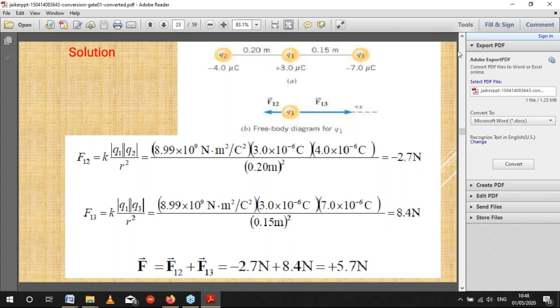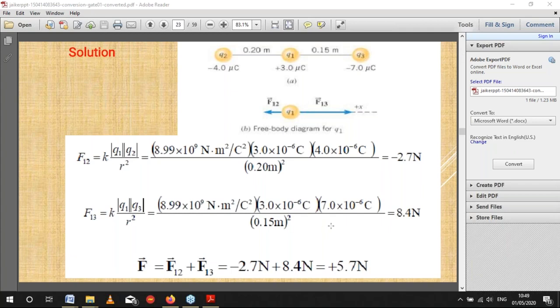We impute everything here, and on the next slide, slide 25, we get F subscript 12 as minus 9.59 newtons, then F13 as minus 17.98 newtons. Because we're looking for F, F is equal to F12 sine theta plus F13 cos theta.